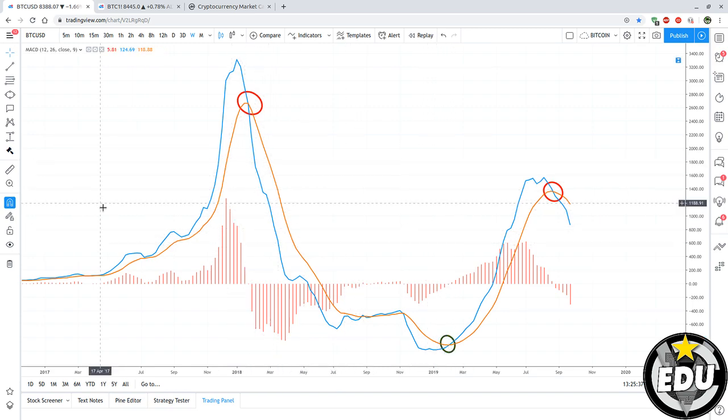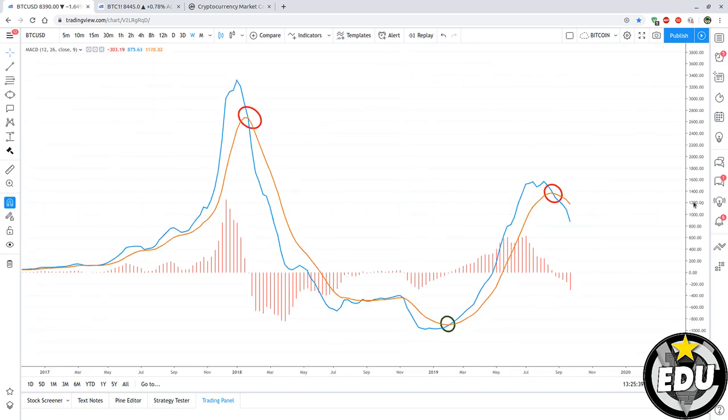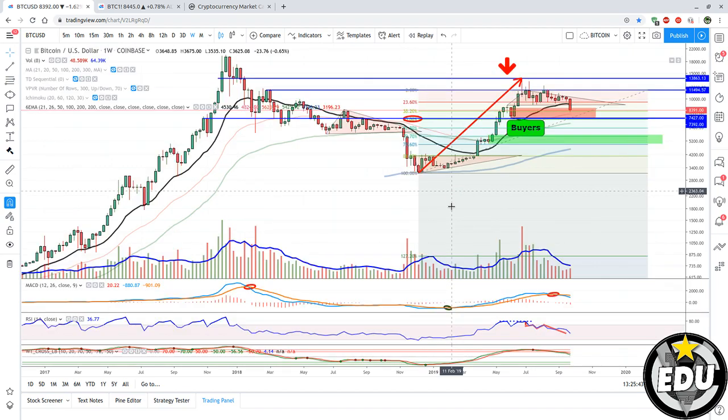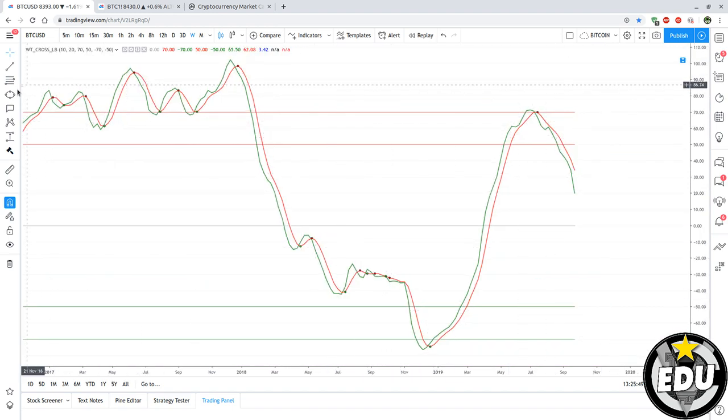Anyways, massive, important crosses, and yeah, guess what happened? And then the WT cross also showing a bearish cross.